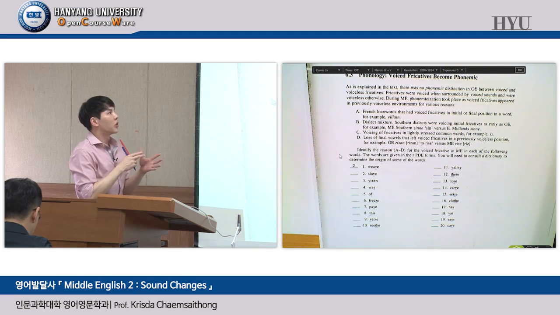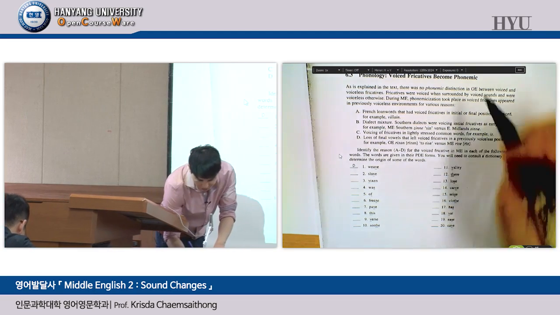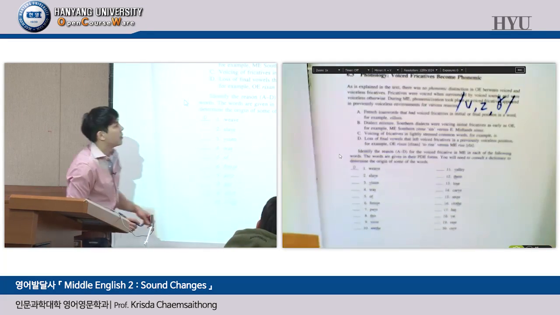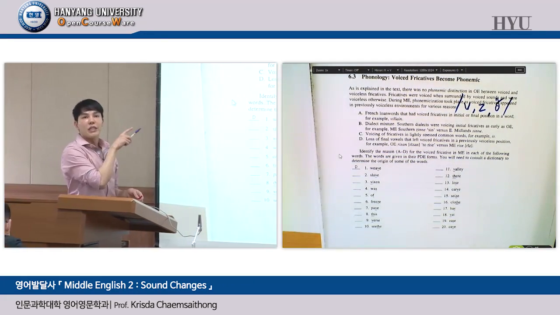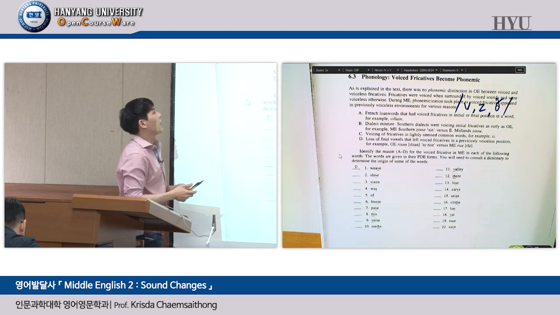As you know, there were a lot of factors that led to the phonemization of V, Z, and theta in Middle English. In Old English, these were allophones, but in Middle English, they became phonemes.